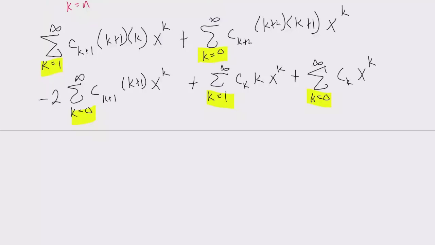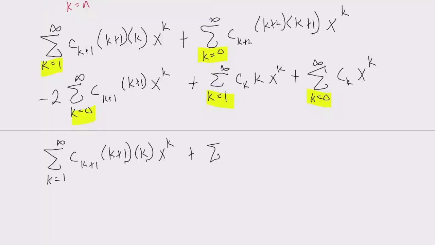Okay, so the k equals 1 things I'm just going to collect up together real quick. And the k equals 0 ones, I'm going to expand those out. So let me just copy the k equal 1 summations. It's that first one, and then the 4th summation.